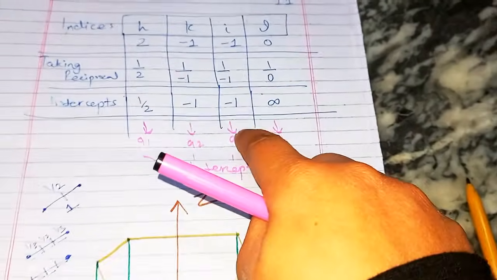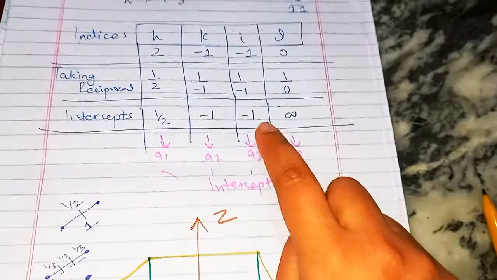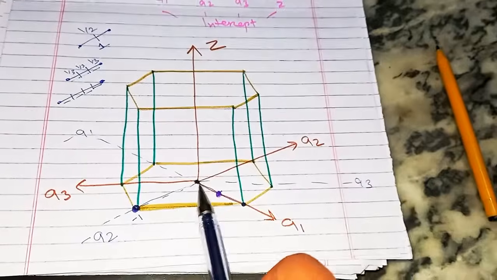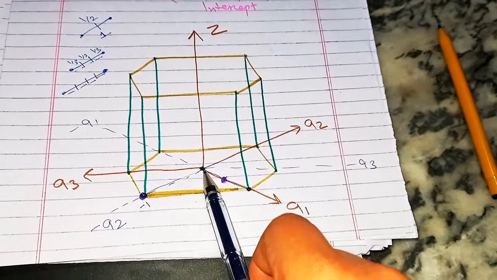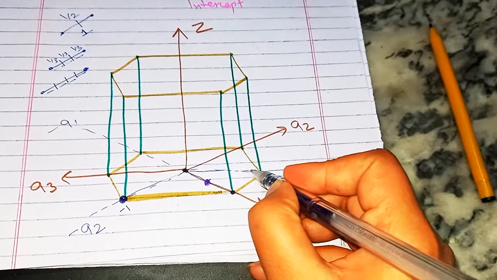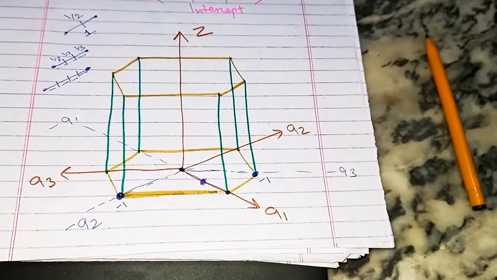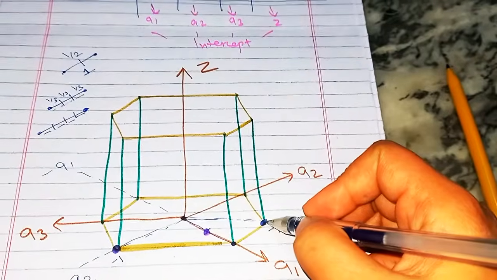Okay, next is A3 intercept, which is -1. Positive A3 direction, and this is negative A3 direction. Starting from origin again, we'll move 1 unit along the negative direction, which is this point, to the other corner of the unit cell. This is -1. This is actually a really tricky diagram.